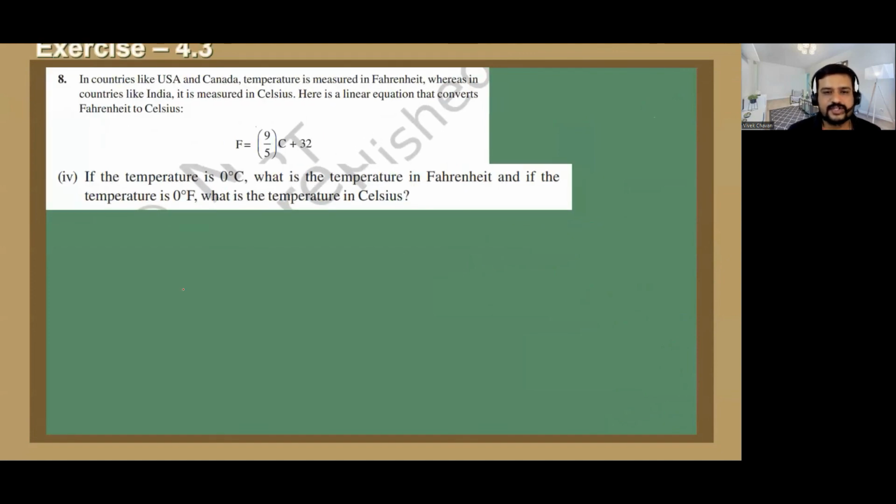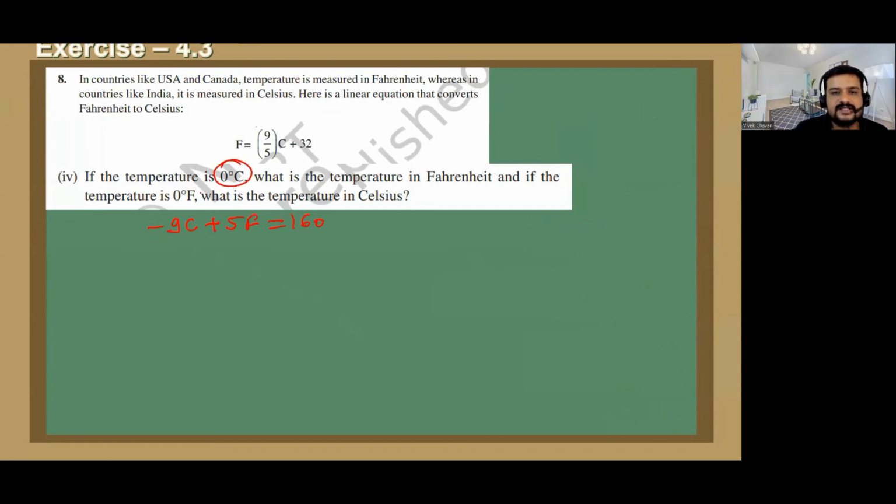We have the fourth question. What is the fourth question? If the temperature is 0 degrees Celsius, what is the temperature in Fahrenheit? And if the temperature is 0 Fahrenheit, what is the temperature in Celsius? That we have to find. So we can make use of that equation again here. Our equation is minus 9c plus 5f is equal to 160.